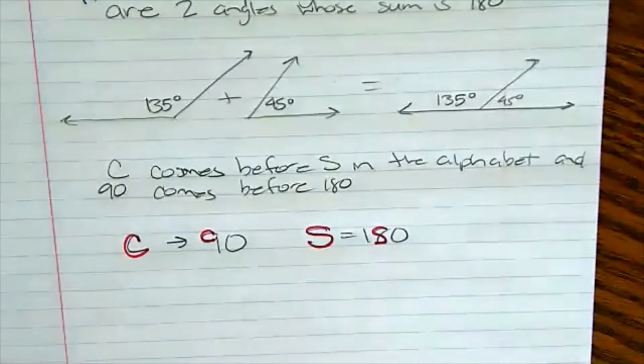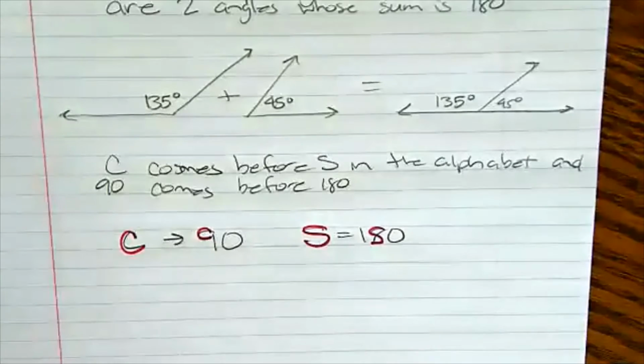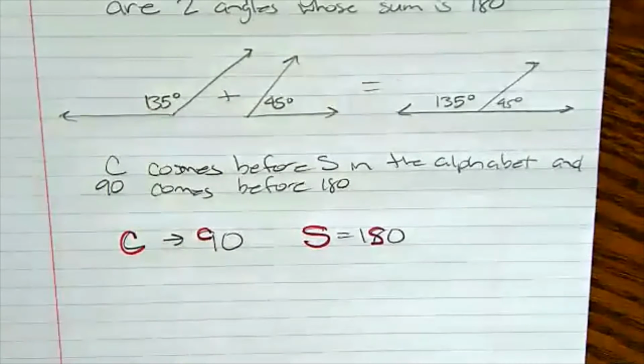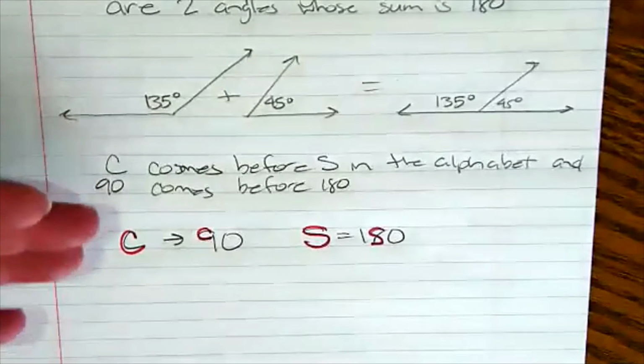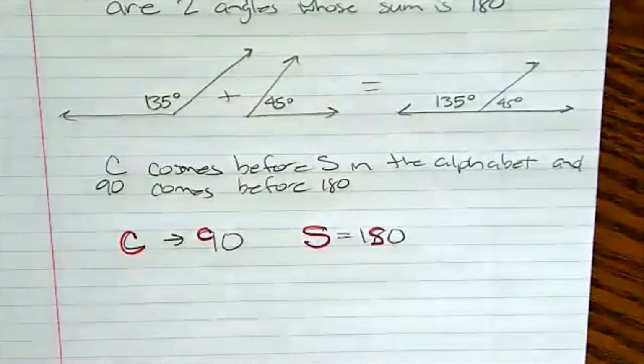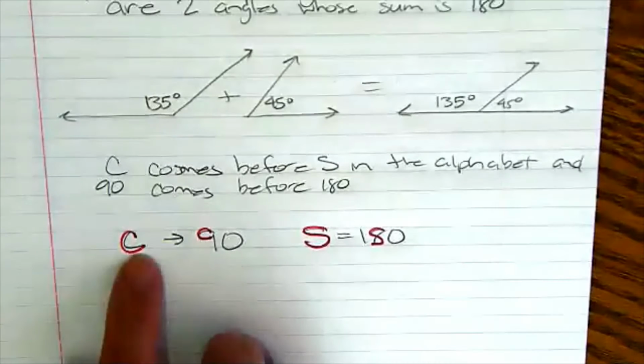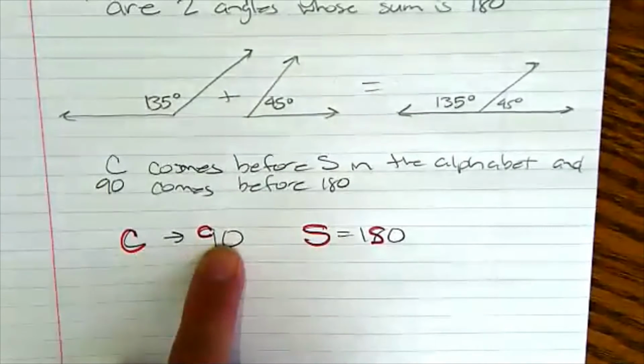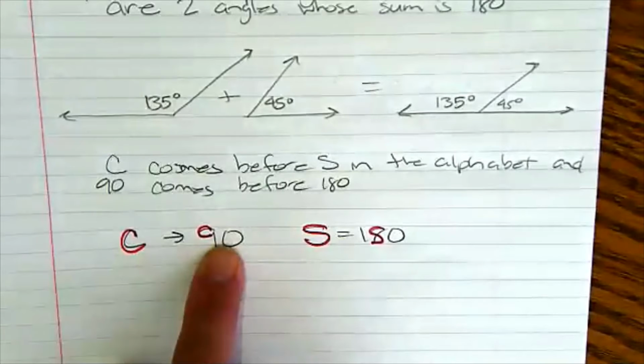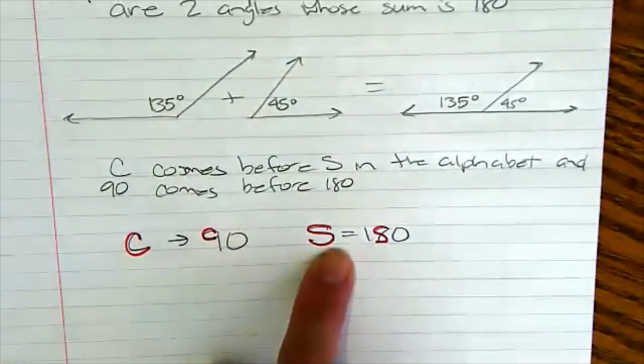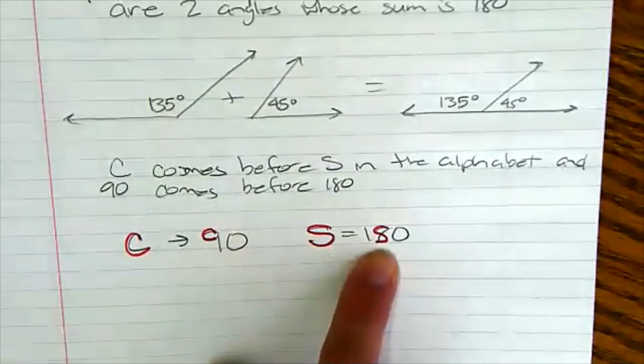Other people remember it by thinking of the alphabet, and you may have your own unique way. You just need to remember that complementary is two angles whose sum is 90 degrees, and supplementary is two angles whose sum is 180 degrees.